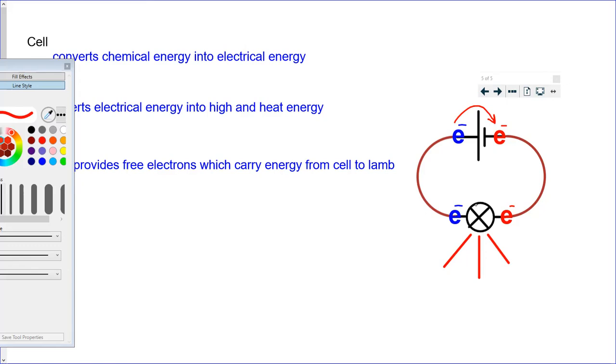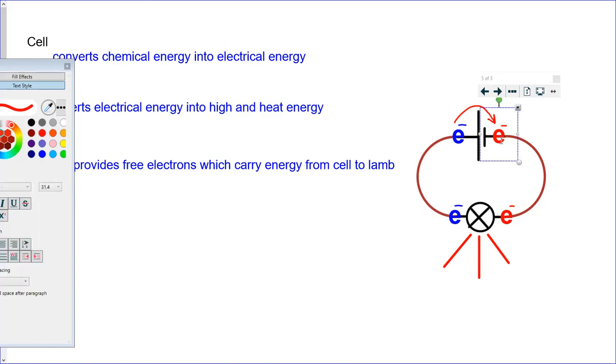I have just shown it like an electron, but remember, it's not one electron. Call it a bunch of electrons. This circle is a bunch of electrons. Red circle means an energetic bunch of electrons. Blue circle means less energetic or exhausted electrons. Got it?